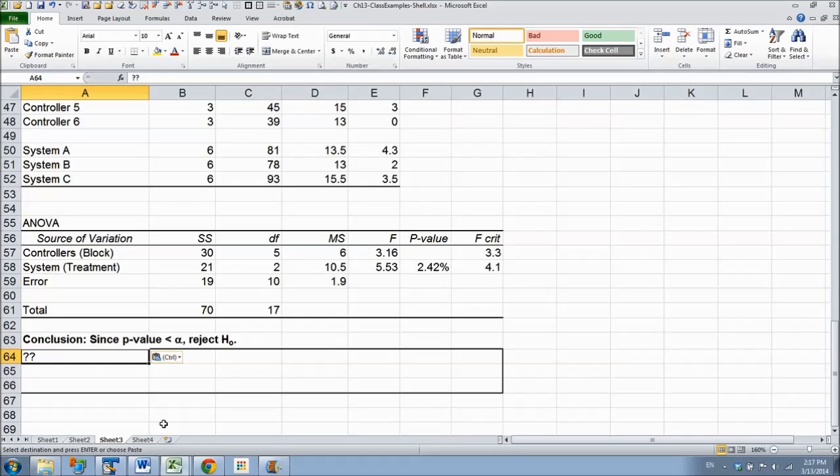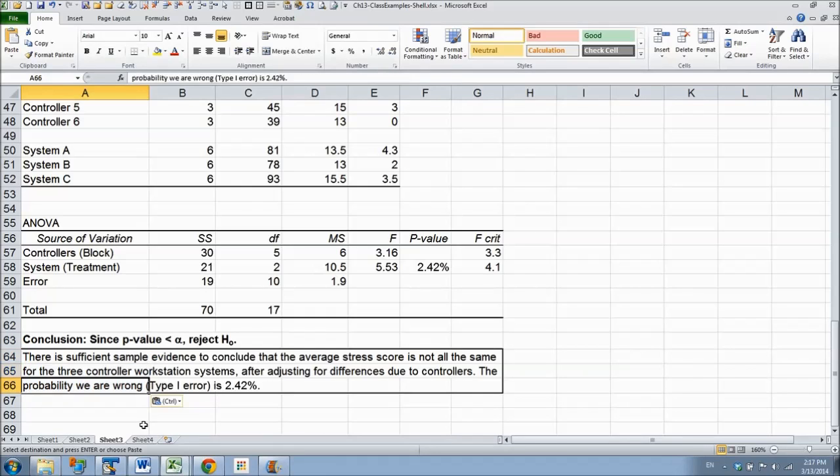The differences due to controllers are already accounted for, and after accounting for the differences in controllers, the system design is significantly affecting the fatigue and stress score.